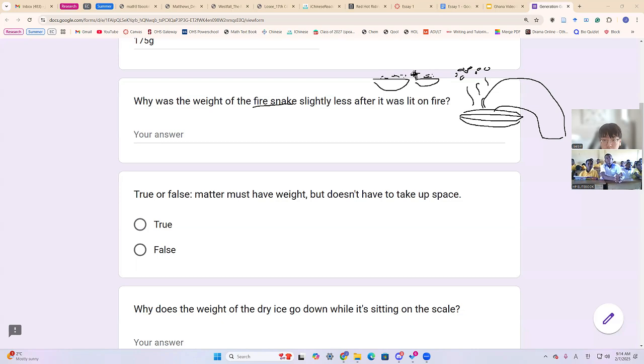Some of them turned into gas and went into the air. So of course that would make the weight of the fire snake a little bit less than the original sugar and baking soda combined. So the answer is that some converted to gas.